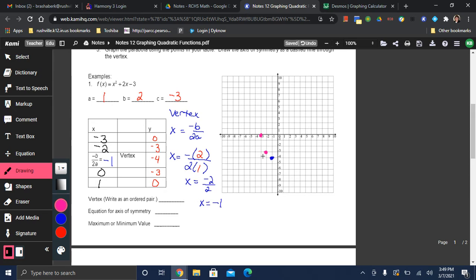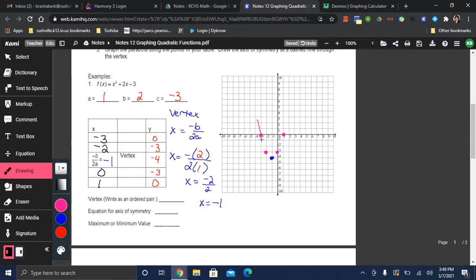And then going back up, we have 0, -3. Notice that it'll be right across from the other point that was at -3. And then your last one at 1, 0, again right across from the other point where the y was a 0. And then you will connect these points. It's a little hard to do that with this pen.